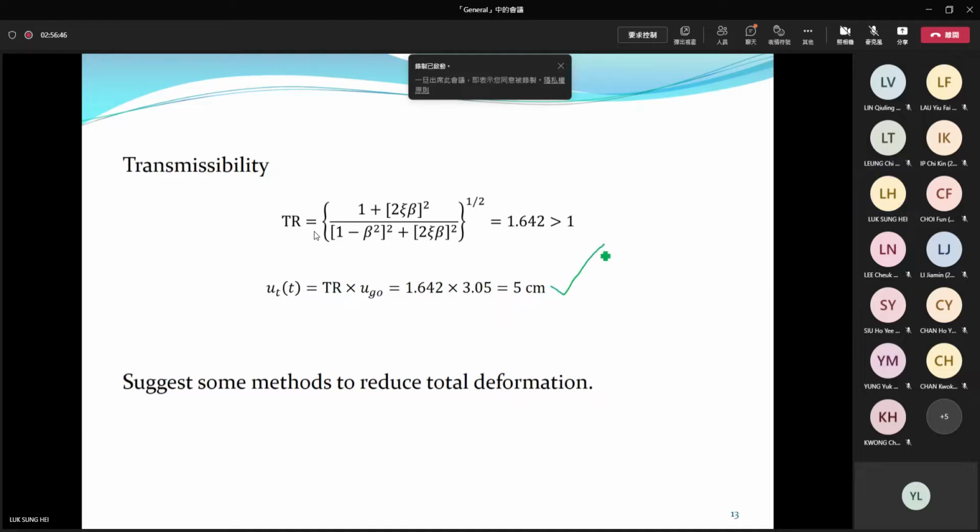Answer. Here is one discussion, the last statement. Just like the example in the lecture notes, sometimes I will ask you to modify the system to make the performance better. Say, for example, try to suggest some methods to reduce the total deformation.